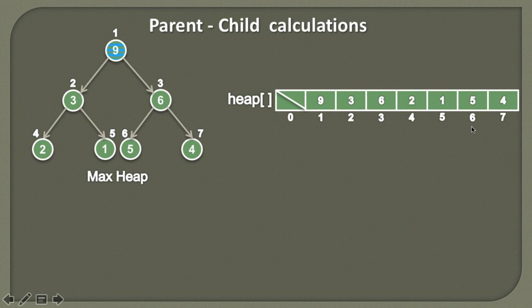Here, if we are at the node having value 9, in the array it is at the first index, and if we look for its children, it has two children: one having value 3 and the other having value 6, and they are at index 2 and 3.